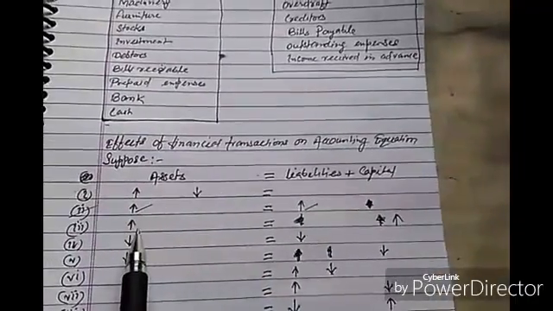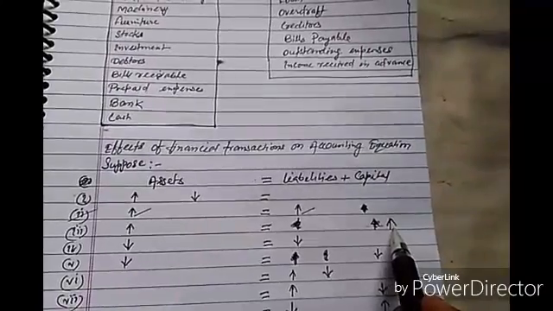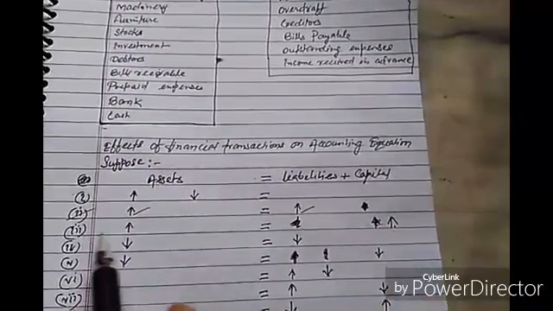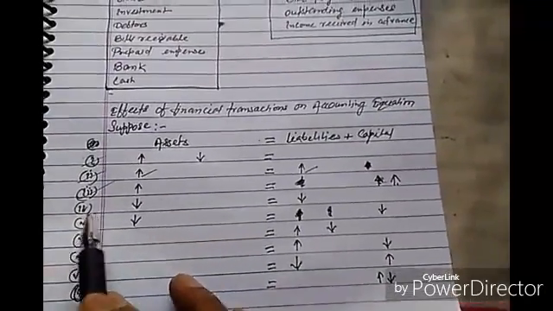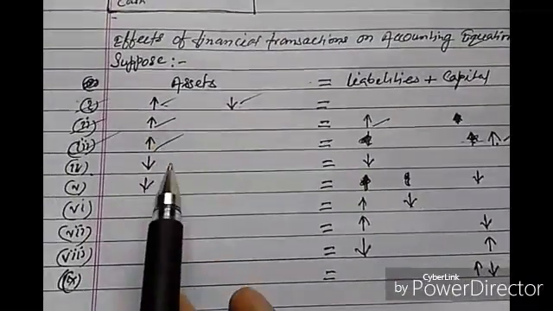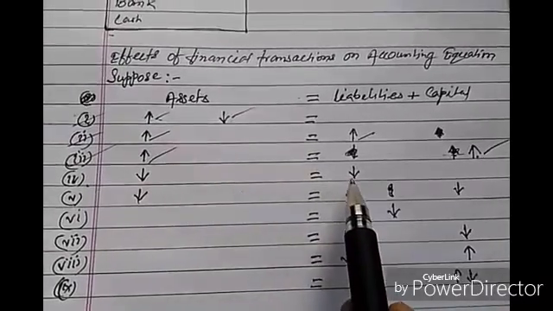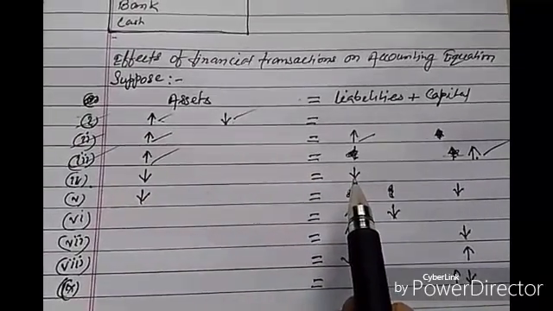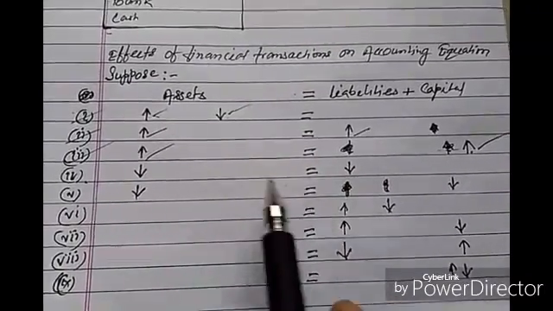The third one, increase in assets, increase in capital, that means additional capital. Fourth one, decrease in assets, decrease in liability, that means the repayment of a loan.